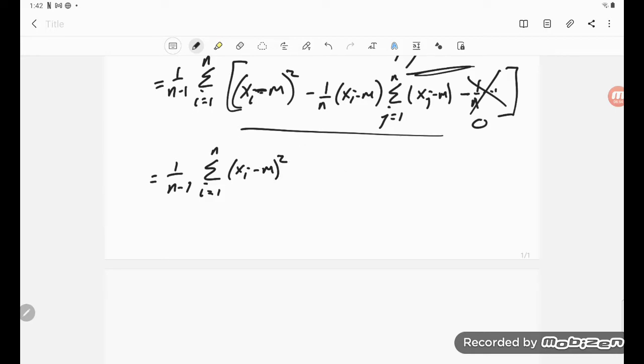And then if I move that sum through in the 1 over n, I have a 1 over n minus 1 times 1 over n, because I can factor that out, times the summation i equal 1 to n of xi minus m times the sum. Now all this is inside the sum of the i's, so j equals 1 to n of xj minus m, like that.